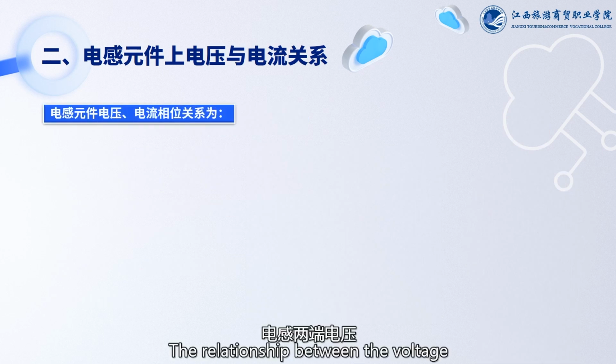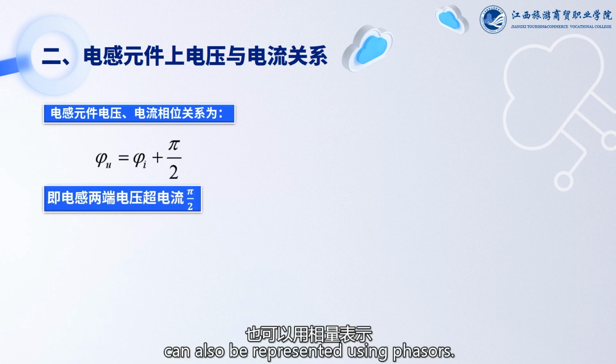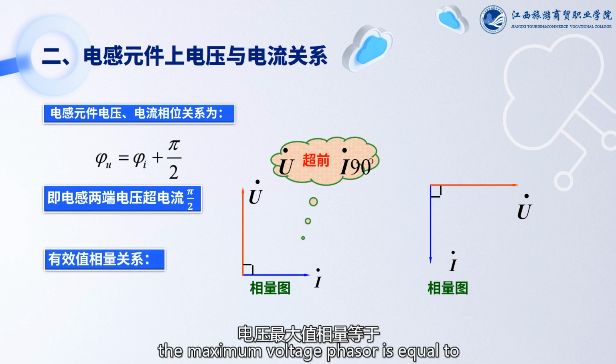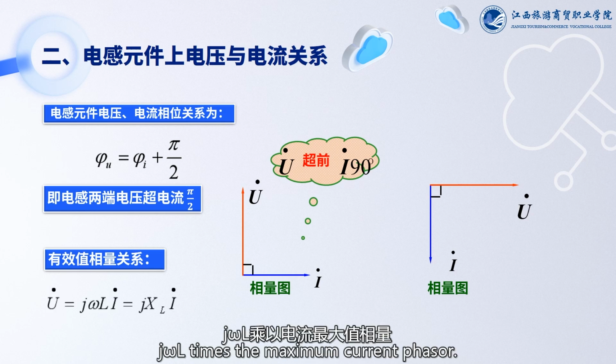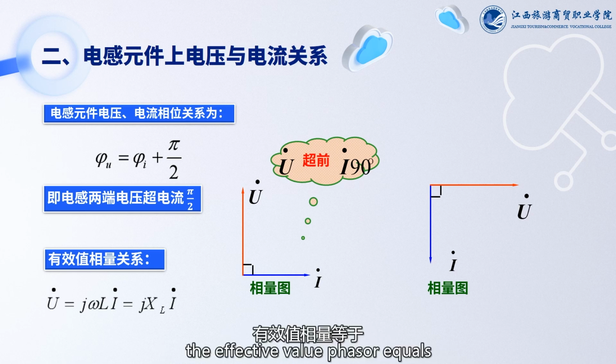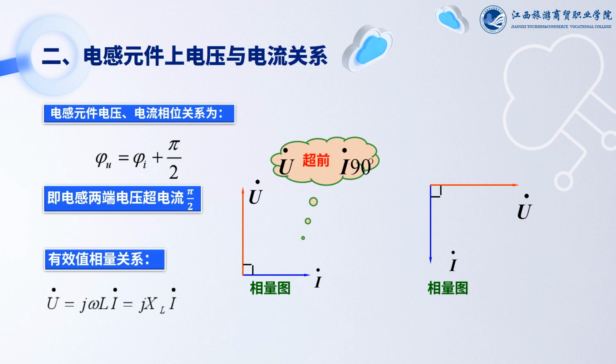The relationship between the voltage across the inductor and the current can also be represented using phasors. The maximum voltage phasor is equal to j omega L times the maximum current phasor. Similarly, the effective value voltage phasor equals j omega L times the effective current phasor for an inductance element.